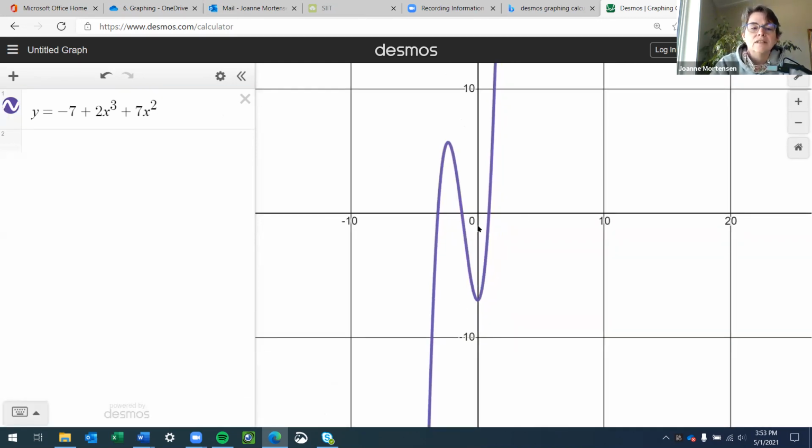It had that nice little curve in there. And the reason for that is by taking out that x to the fourth, this 2x to the third is now my leading term. And that is odd and positive. So that's uphill. Oh, there, that's how it should look in the video. So we're starting down here and we're going up to there. So it really is determined by that leading term.